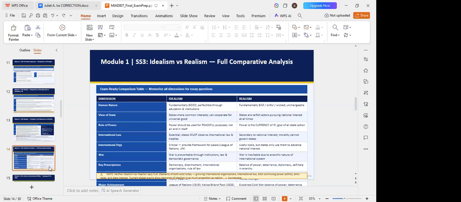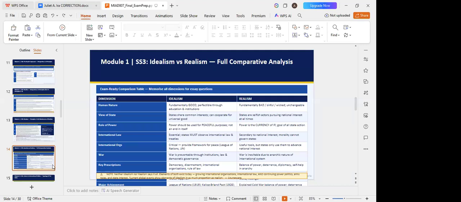From what I said now, you should be able to bring out the differences between them and compare them together. It's on my slide also, and it was shared in the group. I shared it with some people yesterday night, so they shared it in the group. You can have access to it. You need to know that because there is a past question on that: explain the idealist perception, explain the realist perception, and compare and contrast the idealist and the realist perception.